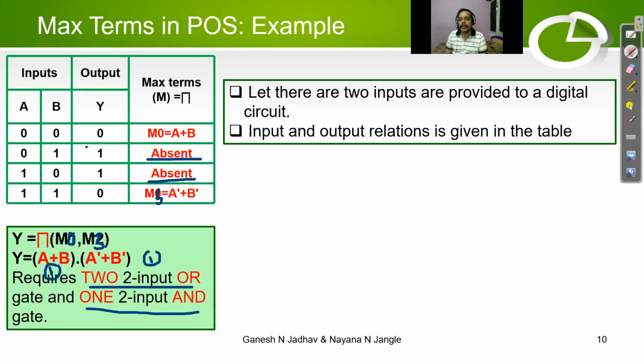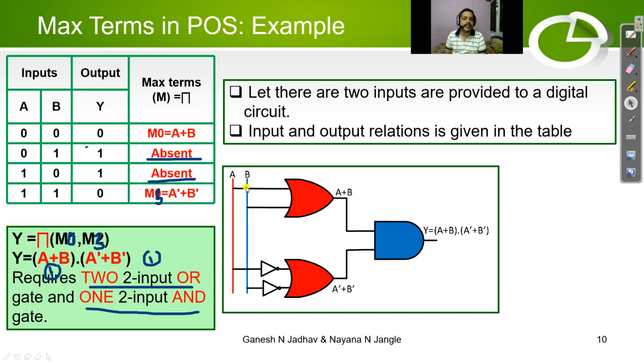So how can we implement this circuit? In the first logic gate, we have to take both inputs A, B, then output is equal to A plus B. In the second OR gate, we have to take the complement of A and the complement of B, so output will be equal to A dash plus B dash.